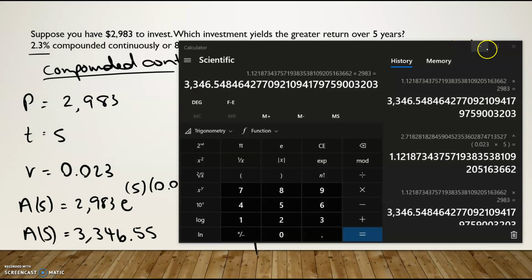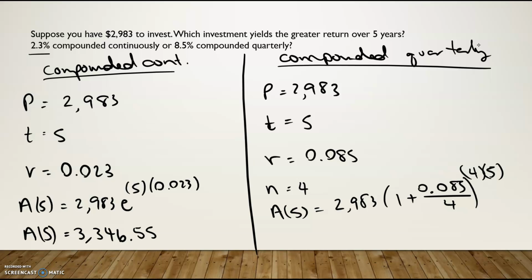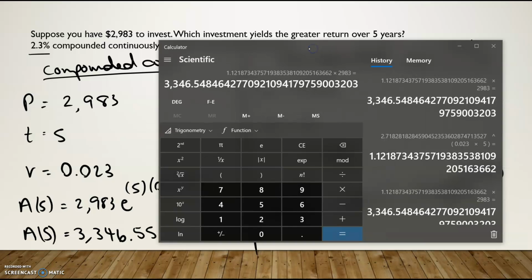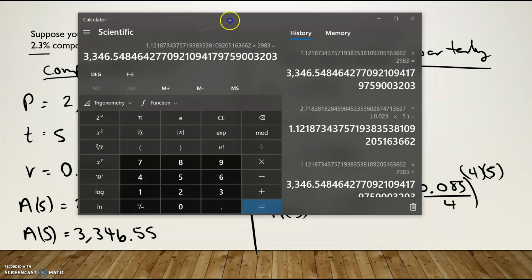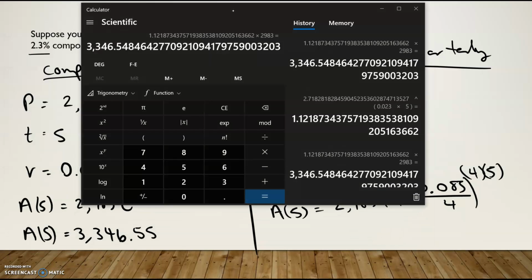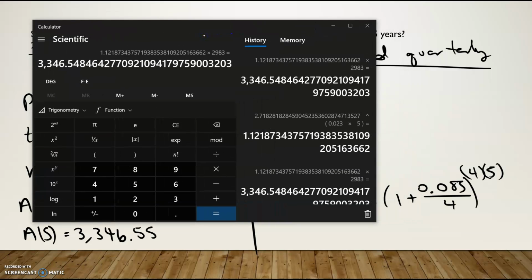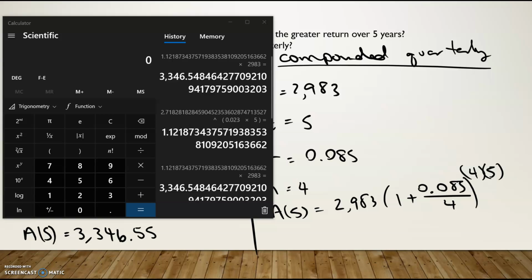Okay, so we'll do this one right here. Okay, 4 times 5 is 20, so just make a note of that.